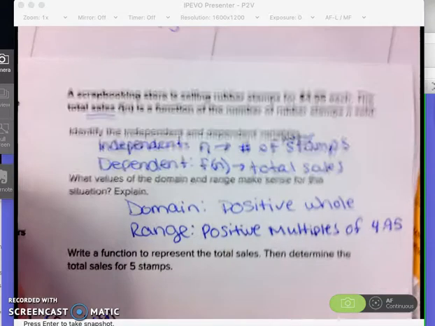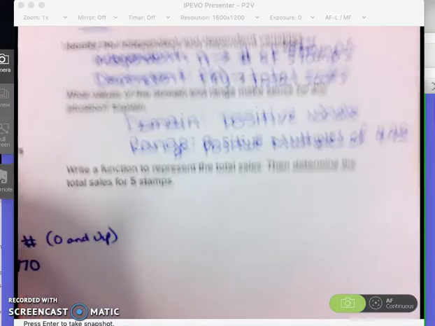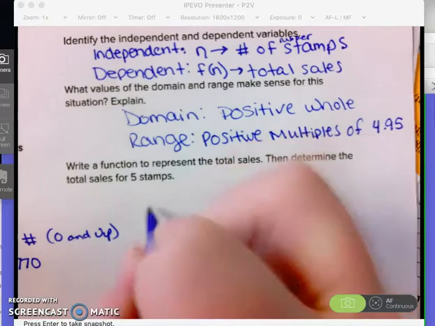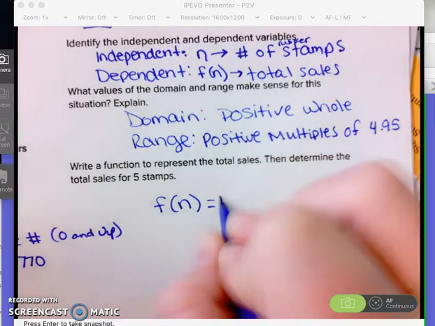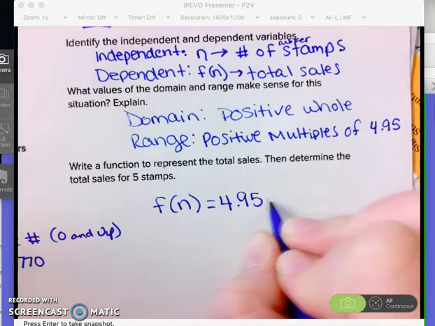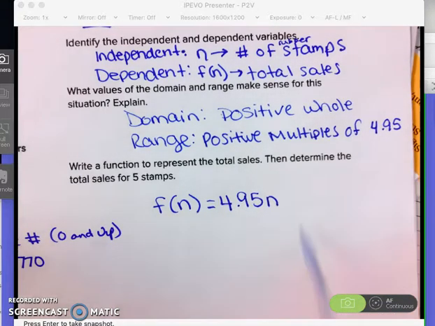Okay, now we need a function. Write a function to represent the total sales. Well, the total sales is going to be equal to $4.95 times the amount of stamps I sell, so n.